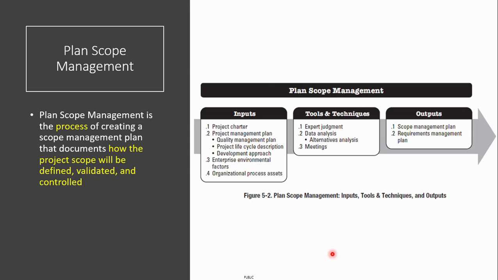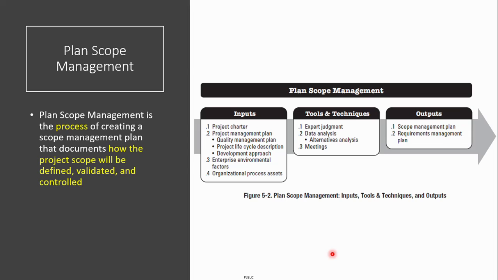This will be the place where the project scope will be governed, and you as a project manager with your team will decide this is how you are going to gather the scope of this project that you are involved in, and this is how you are going to validate the scope, and this is the process that you are going to adopt for controlling the scope of the project. So let's see how the plan scope management process works.